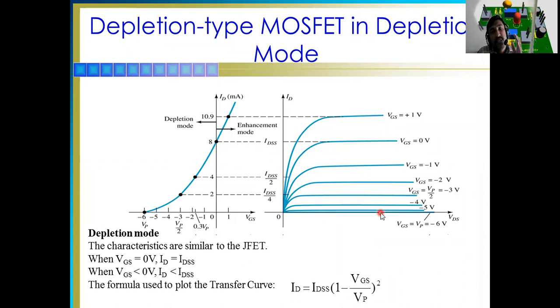Up to VGS equal to 0, the character is the same, like a JFET. मला काय म्हणायचं समजलं का तुम्हाला?